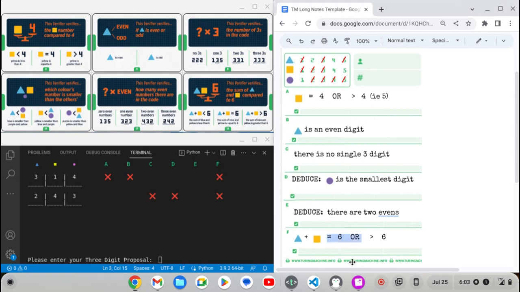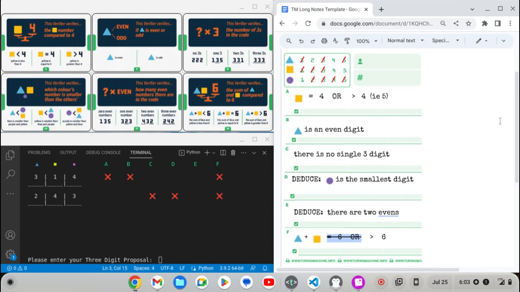It's not equal to 6. The sum needs to be greater than. Okay, so we know then, well, actually I can't cross out anything because all of these, oh man.